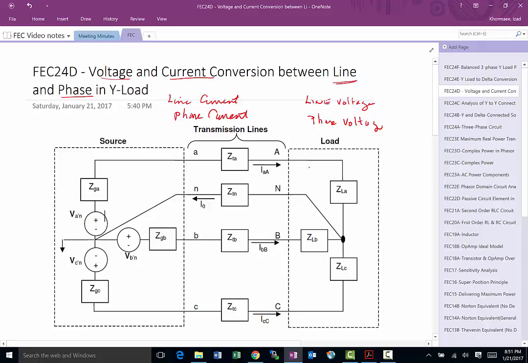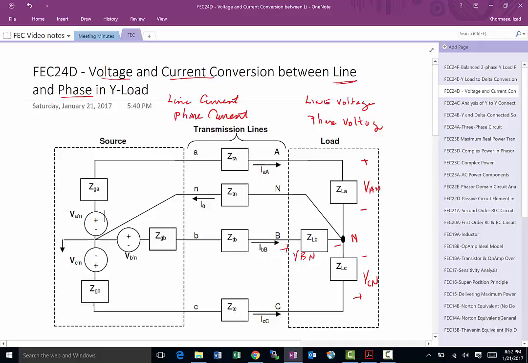If this is N, the neutral, one phase voltage could be VAN, another VCN, or another VBN. So phase voltages are any of these: for phases A, B, and C, VAN, VBN, and VCN.